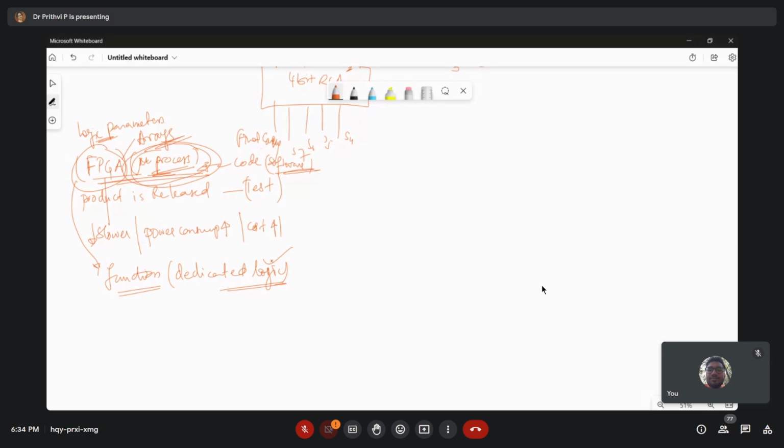We have the flexibility of redoing the design until the function approaches the specifications, before releasing a prototype or design into the market. So FPGAs are the best tools for testing.